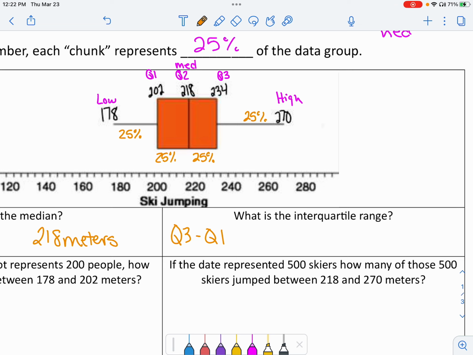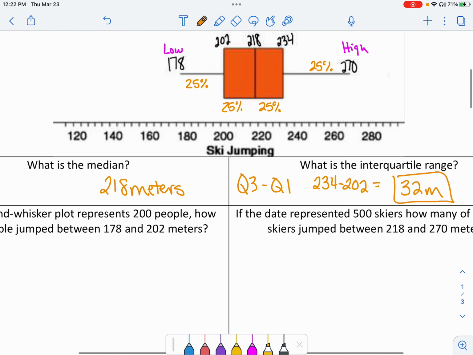So in this particular case, it's 234 take away 202, which is a range of 32. In other words, the middle 50% of people differ by 32 meters from the lowest of the middle 50% to the highest of them.